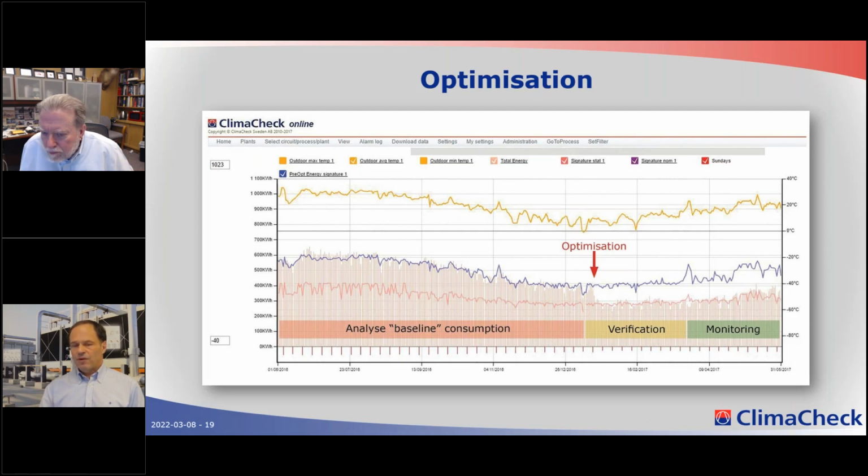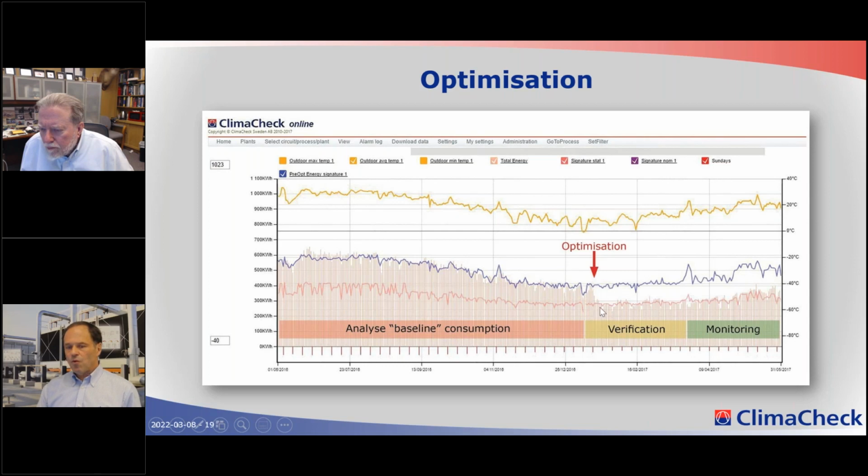Whereas if we use the energy signatures, as Jeff showed you, for every outdoor temperature we will have a certain energy consumption. That's the red bars here. If I take the statistical values for these, I get the signature, which is the energy signature for the building.